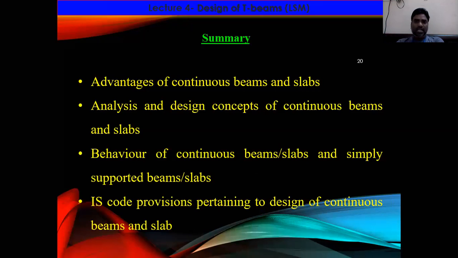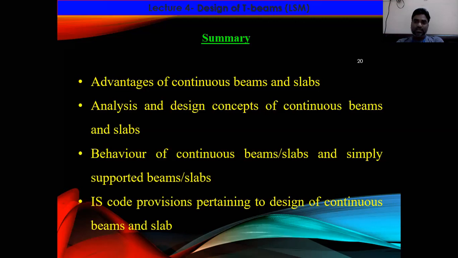And what are the advantages of continuous slabs as compared to normal simply supported beams and slabs? Because it is a continuous slab, the depth required is very less, and it is stiffer and stronger as compared to simply supported beams.